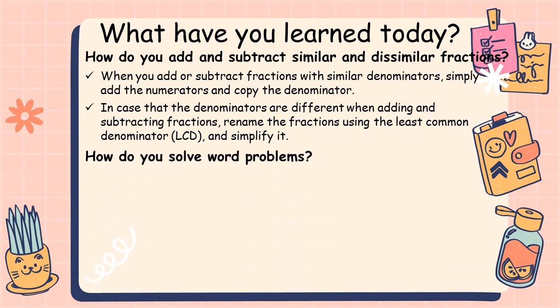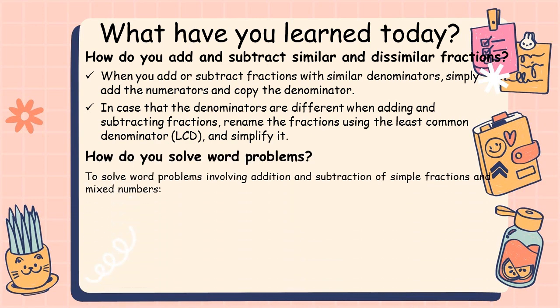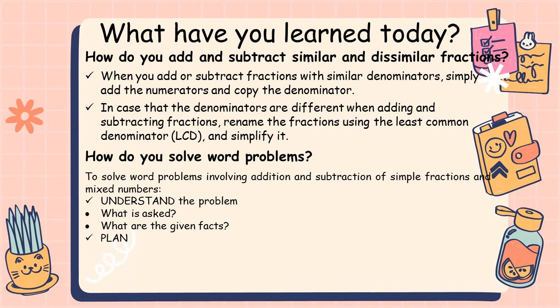And how do you solve word problems? To solve word problems involving addition and subtraction of simple fractions and mixed numbers, understand the problem with the questions: what is asked, what are the given facts; and plan, with the questions: what operation will be used, what is the number sentence; then solve and check.